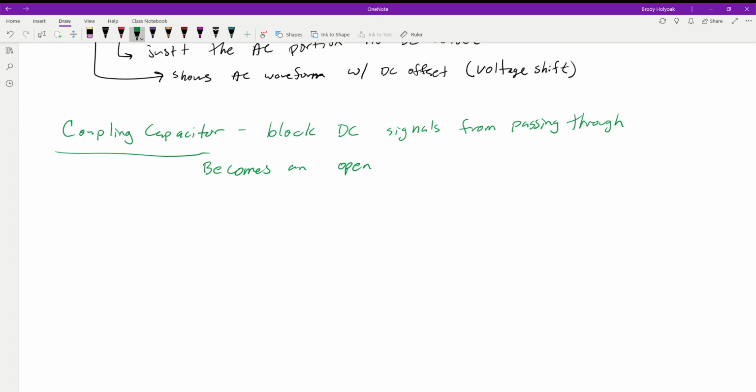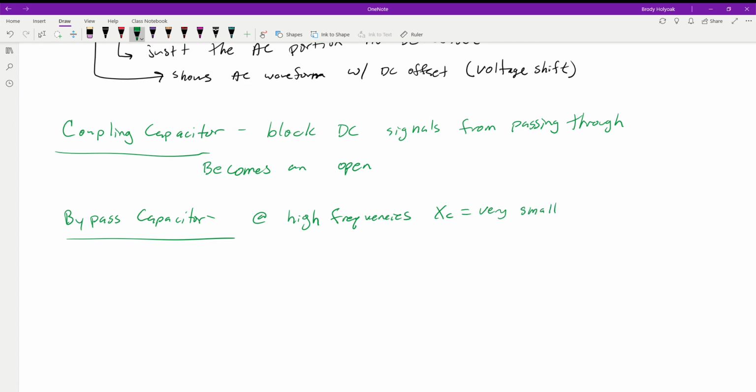Where we use these. The other thing that we have is a bypass cap. Now what this does is, at high frequencies, the capacitor's X of C value becomes very, very small.